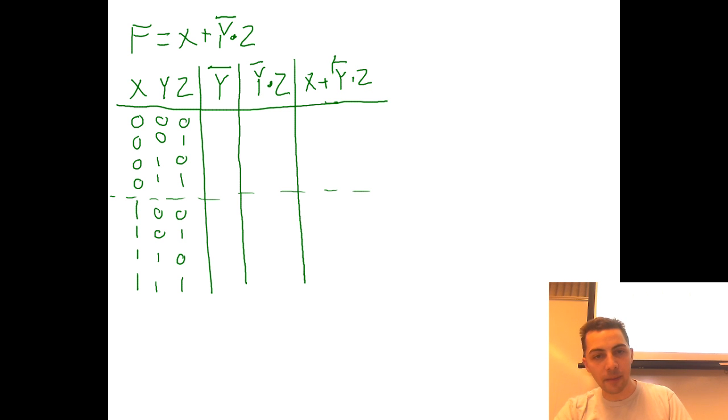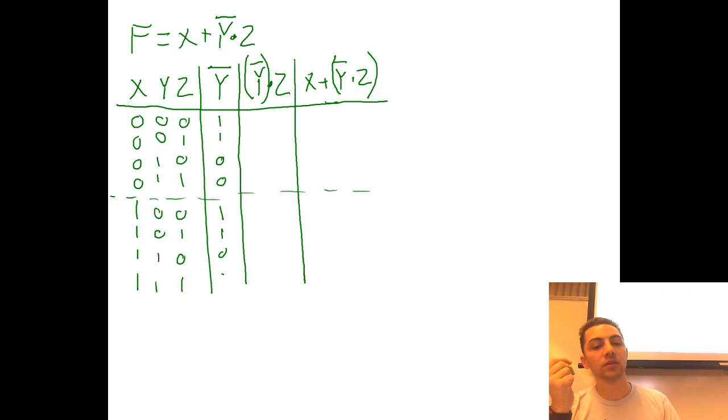But each time, I'm going to be looking at it as a group. So not y is actually pretty easy to figure out. All you have to do is look at the y column and flip it. So here where it's 2 zeros, 2 ones, it'll actually be 2 ones, 2 zeros, 2 ones, 2 zeros. So the y column directly created that column. Now this next sub answer is not y anded with z.